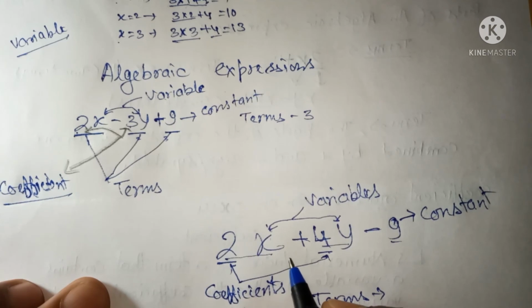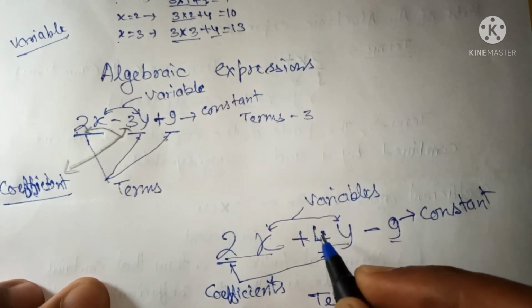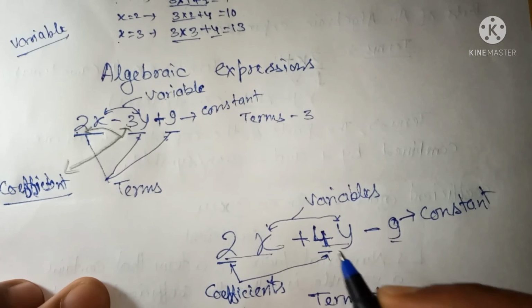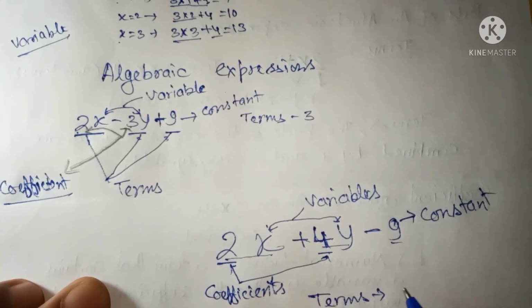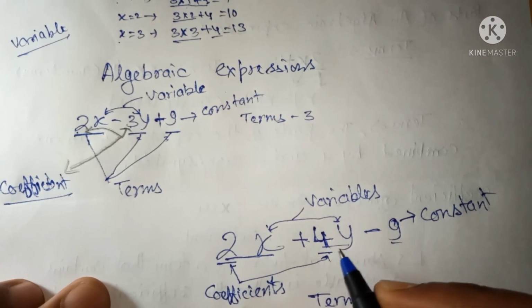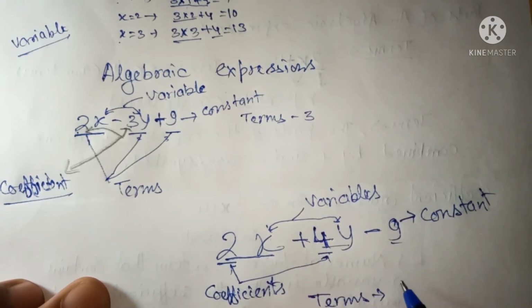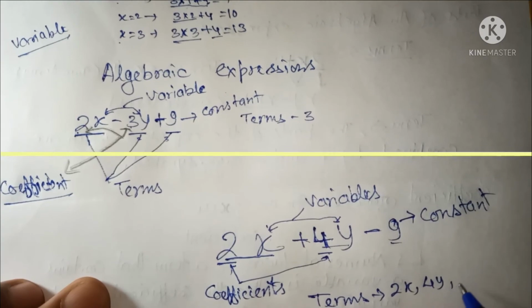Here in this expression we have 2x, 4y and 9 which are connected with plus and minus signs. So the number of terms will be 3: 2x as the first term, 4y the second, and 9 the third one.